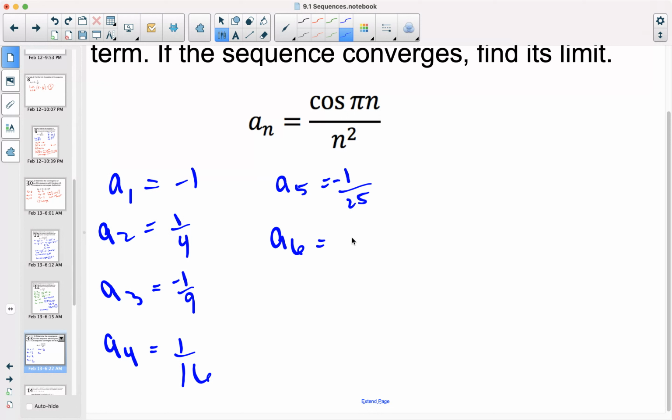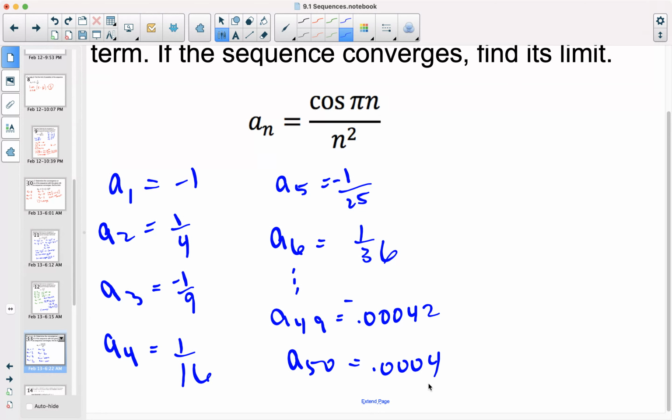I did the 6th term. And I jumped to the 49th term. It should be a negative. And I even did the 50th term.